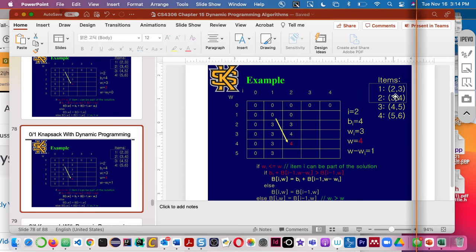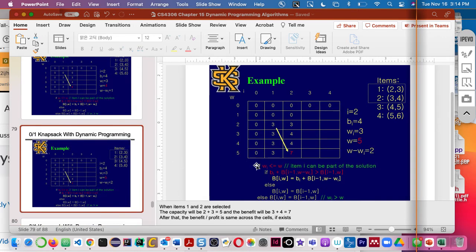4 is the maximum of this one, right? So here this one will be 7. You see that? You understand? Why is it 7? Because when you reach weight 5, 2 plus 3, then you can get the maximum benefit of 3 plus 4, 7. And this 7 is actually coming from where? These previous 3.